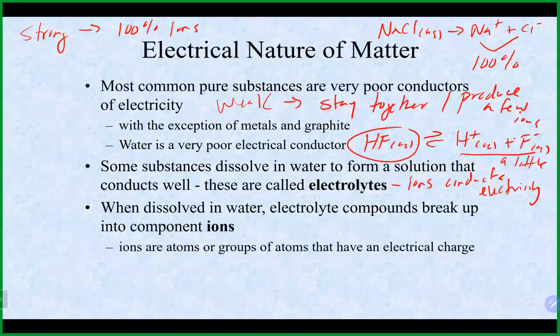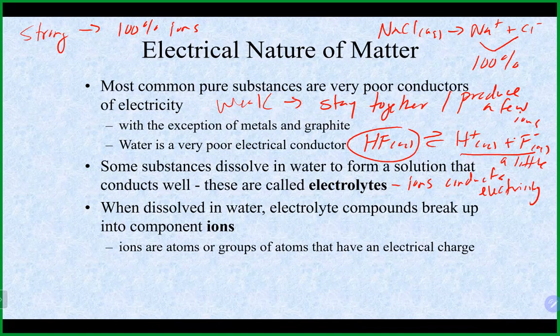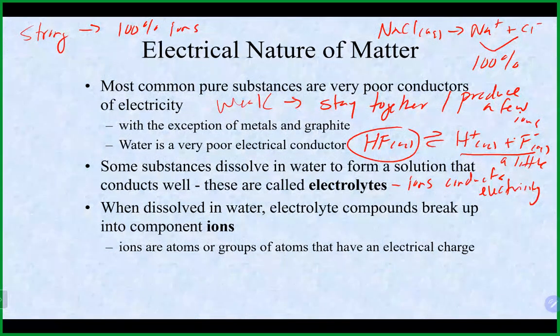So since it's able to still produce some ions, it's able to still conduct electricity. It just can't conduct electricity as well as a strong electrolyte. So if you take the light bulb example with electrodes hooked up to a light bulb and you put it into it, it would turn on, but it'd be super dim. Like the light bulb barely on, it would still be able to conduct electricity. And then there are things that are sometimes considered non-electrolytes.